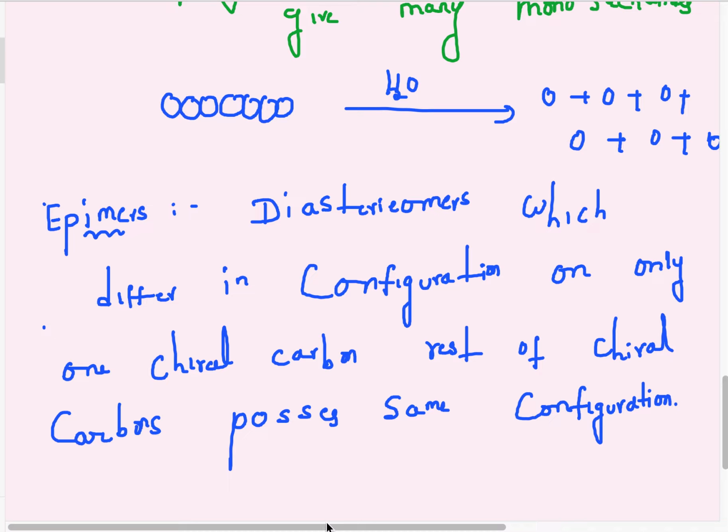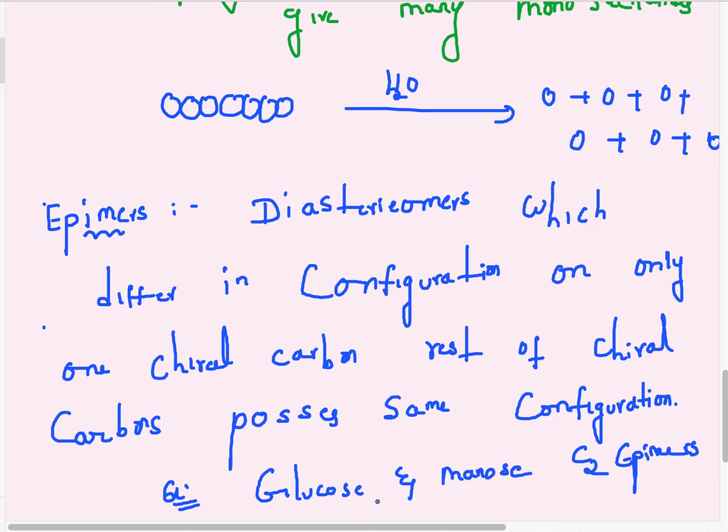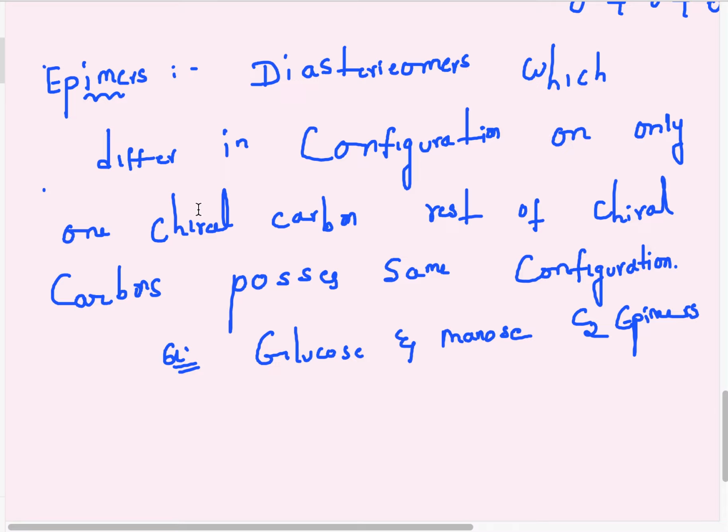Okay, now example: glucose and mannose, glucose and mannose are C2 epimers. Important competitive questions. Next, glucose and galactose.